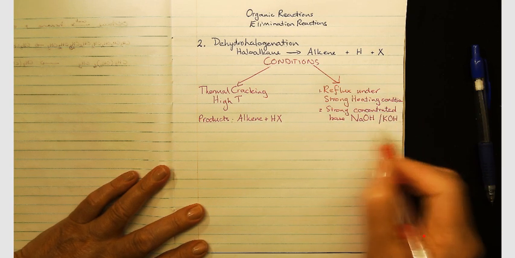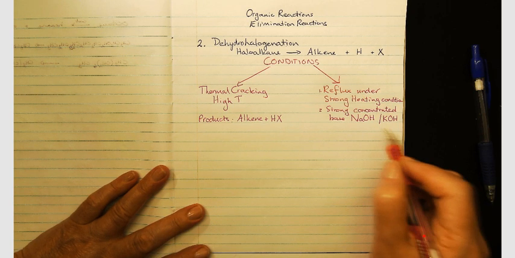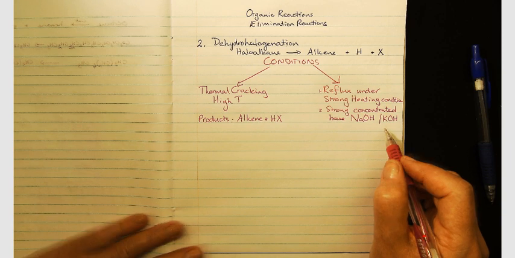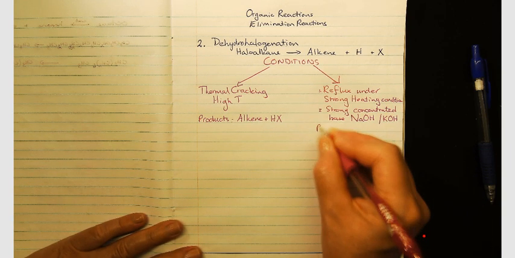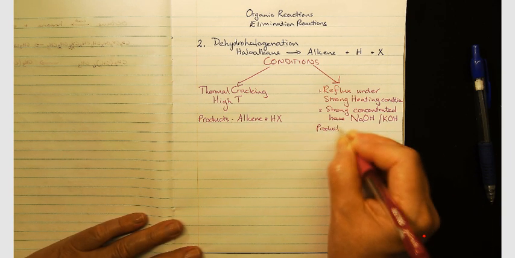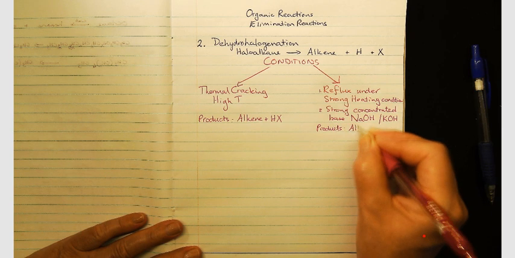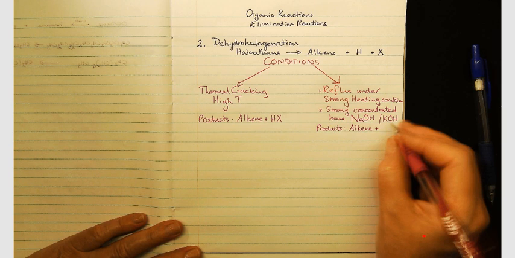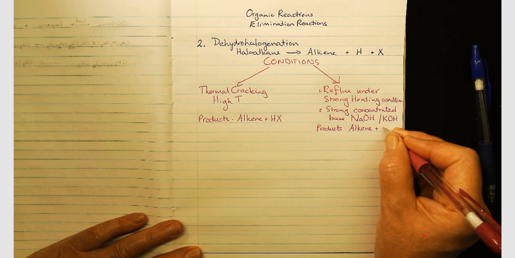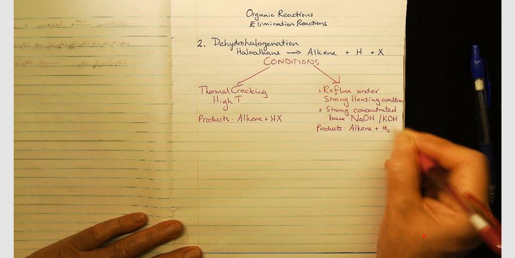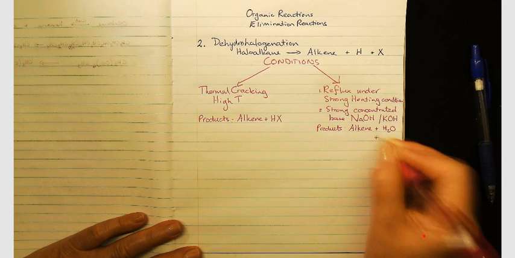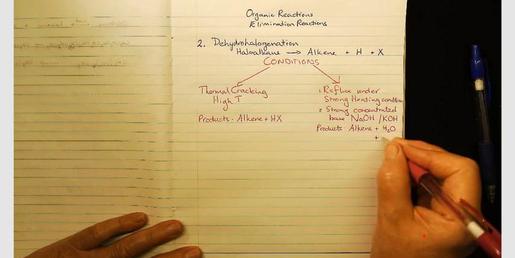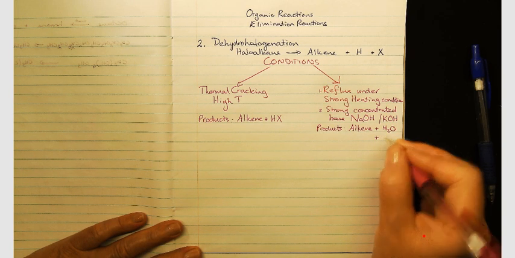They are examples of very strong bases. In this case, the product will be the alkene, and the hydroxide grabs the hydrogen that is eliminated from the haloalkane, so it forms water, and the potassium or the sodium will bond to the halogen.